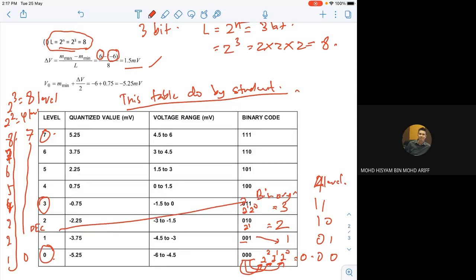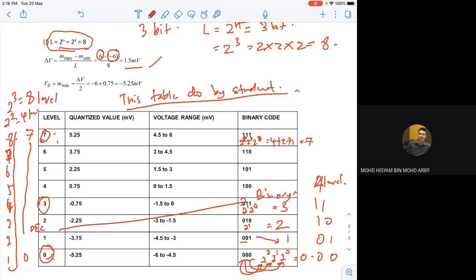So 0 0 0 up to 1 1 1 is 7: 2 power of 2 is 4, plus 2, plus 1 equals 7.